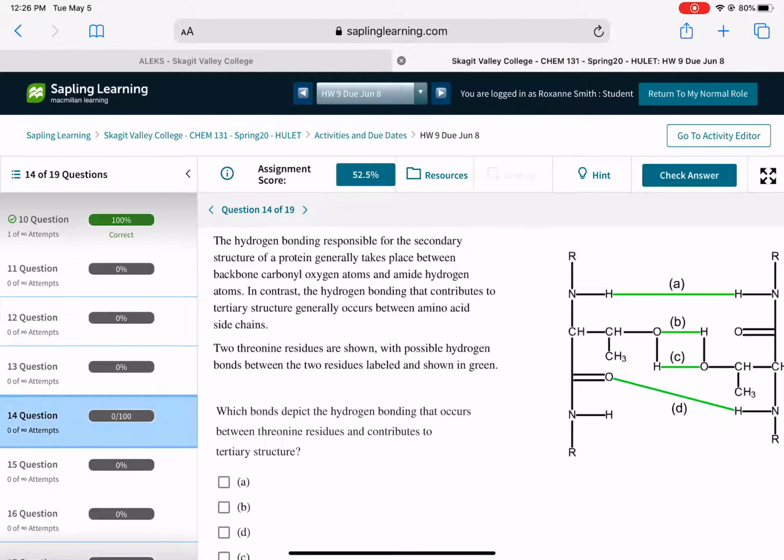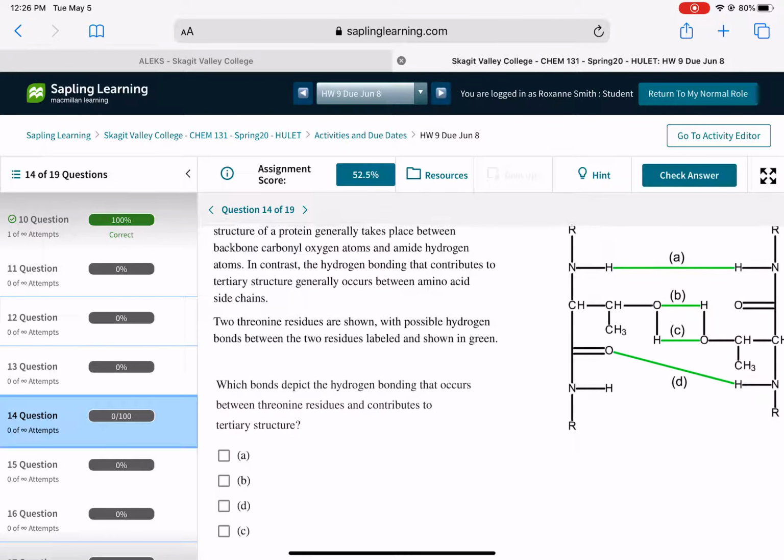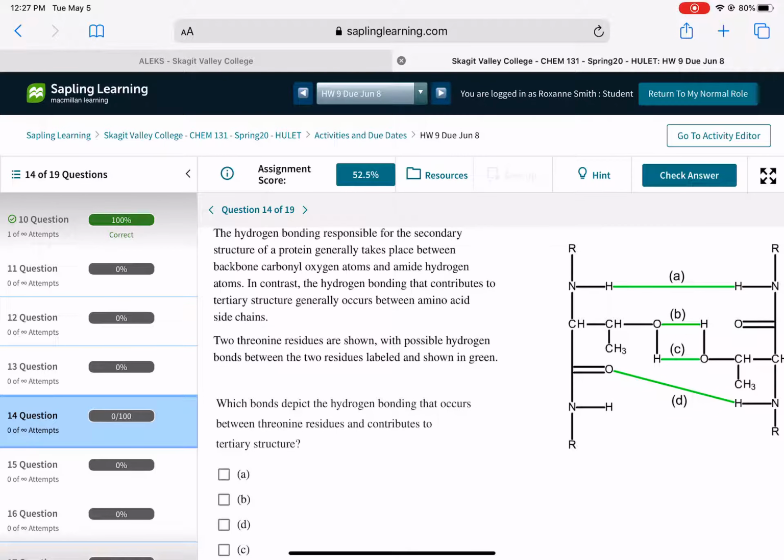Here is a drawing of a secondary structure, and in green it has 3 possible hydrogen bonding interactions. So it wants you to identify which one of these, and maybe is it more than one, that represents hydrogen bonding in a secondary structure.